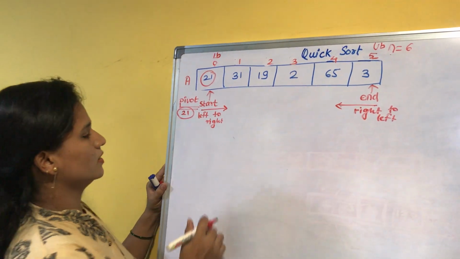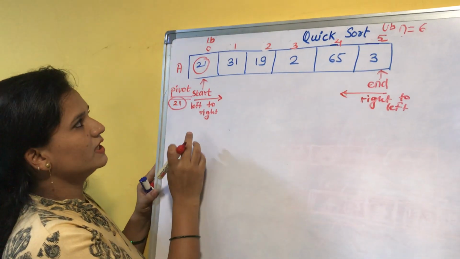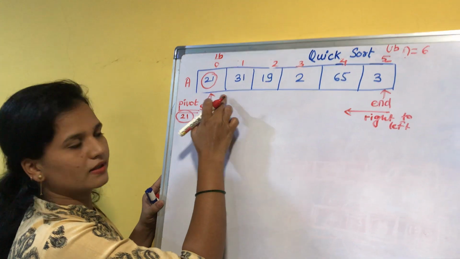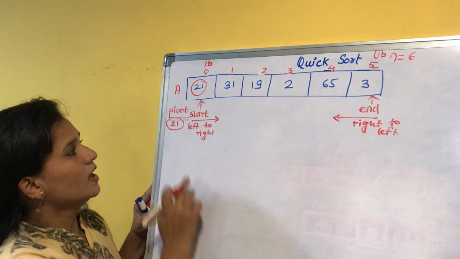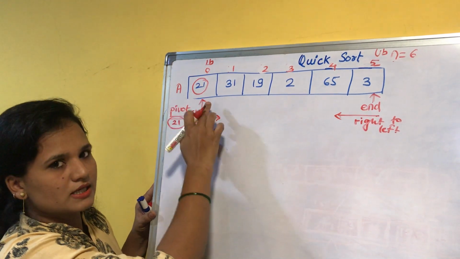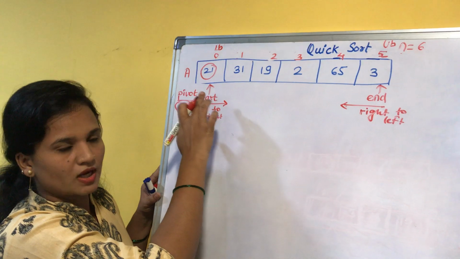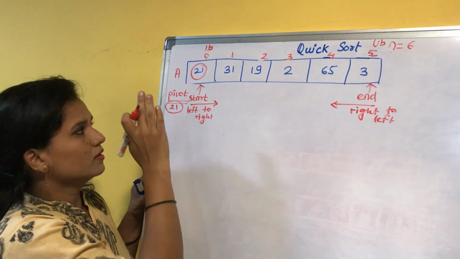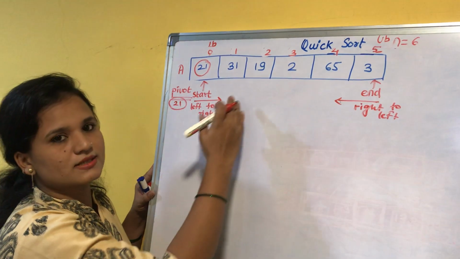Now see what we will do, we'll compare our pivot element with the very first element, that is the element present at the start position. If the pivot element is less than or equal to the element at the start position, we'll increment the start.